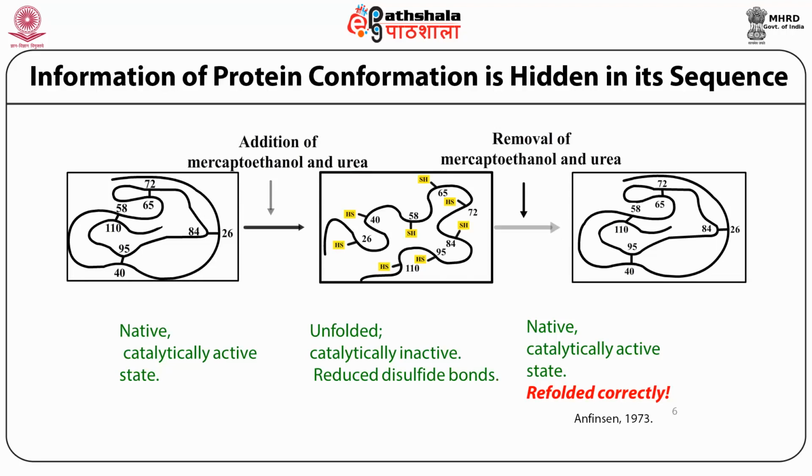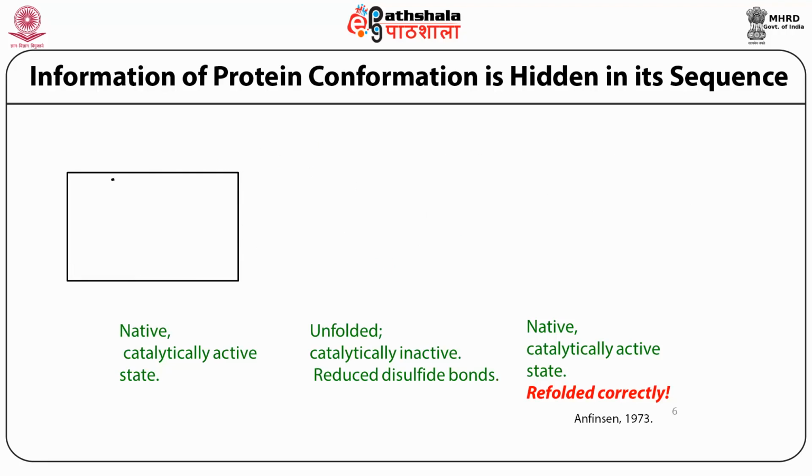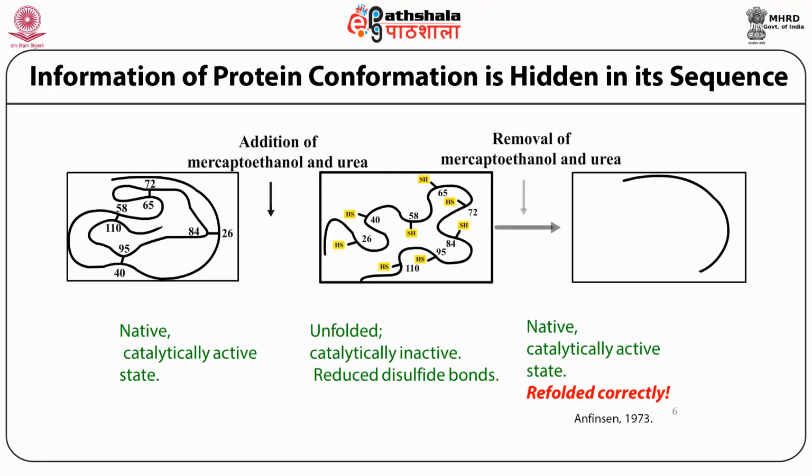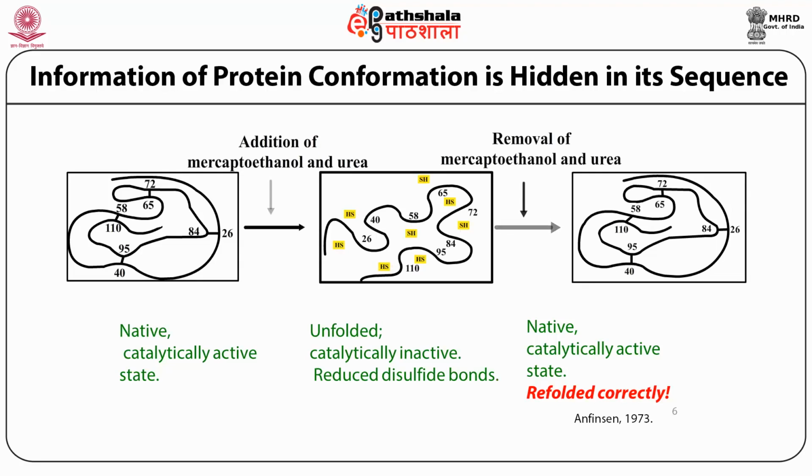So it is the native and catalytically active state. He added mercaptoethanol and urea to the ribonuclease A solution. The urea is used to denature the protein structure, and mercaptoethanol breaks the disulfide bonds. So the protein becomes a fully unfolded and catalytically inactive state with reduced disulfide bonds.